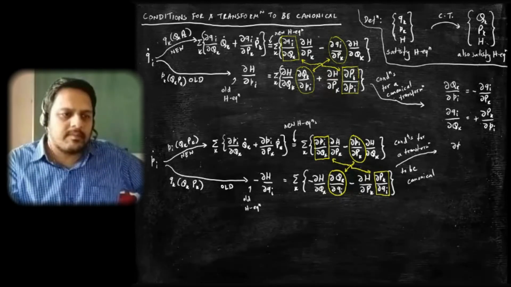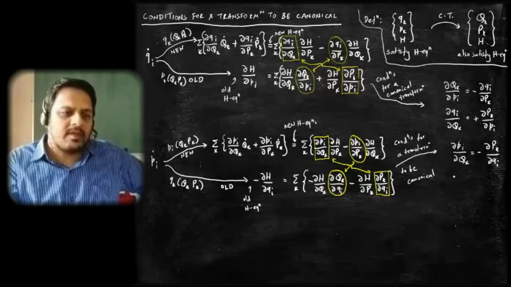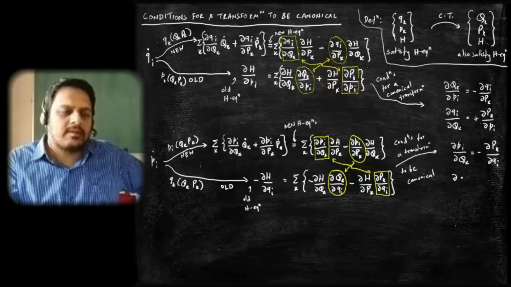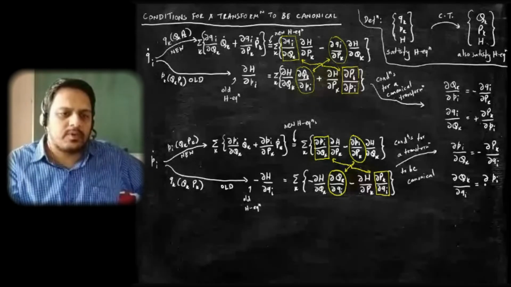Basically, ∂Pi/∂Qk is minus ∂Pk/∂qi, and ∂Qk/∂qi is equal to, there is a minus on both the sides, so that cancels, ∂pi/∂Pk.